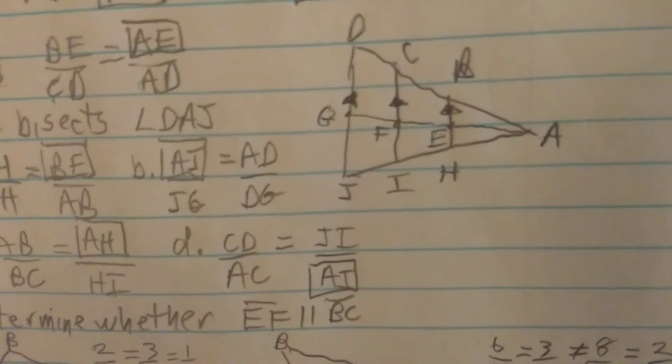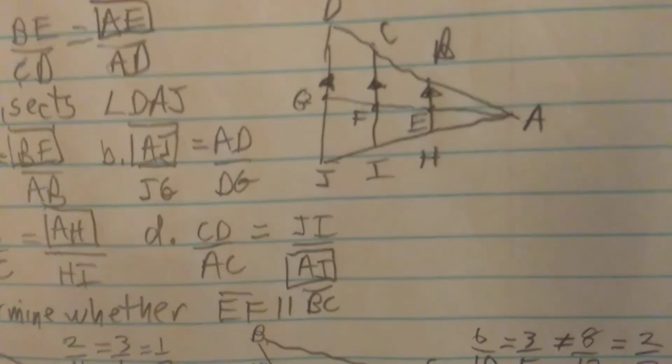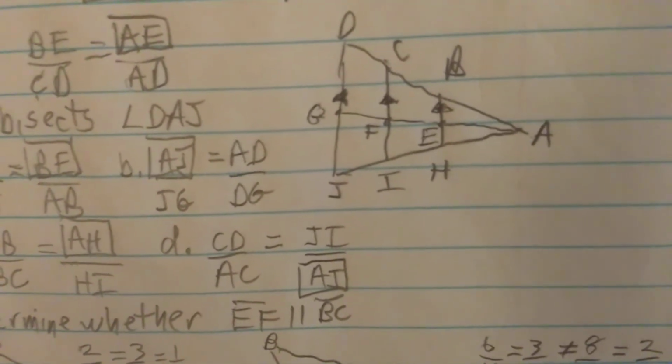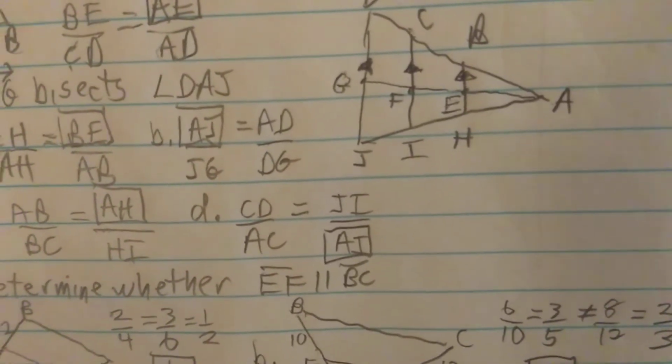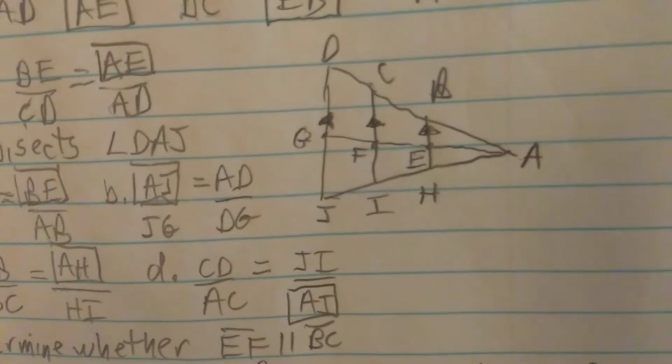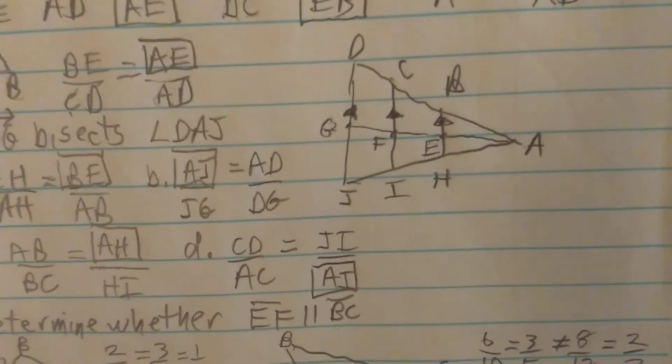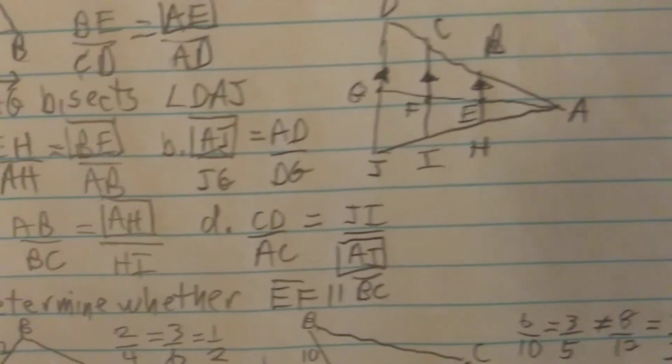And AJ, the whole left side, or the whole bottom side, over JG, which is the bottom part to the middle, is equal to AD, the whole top side, over DG, the right top to the middle.